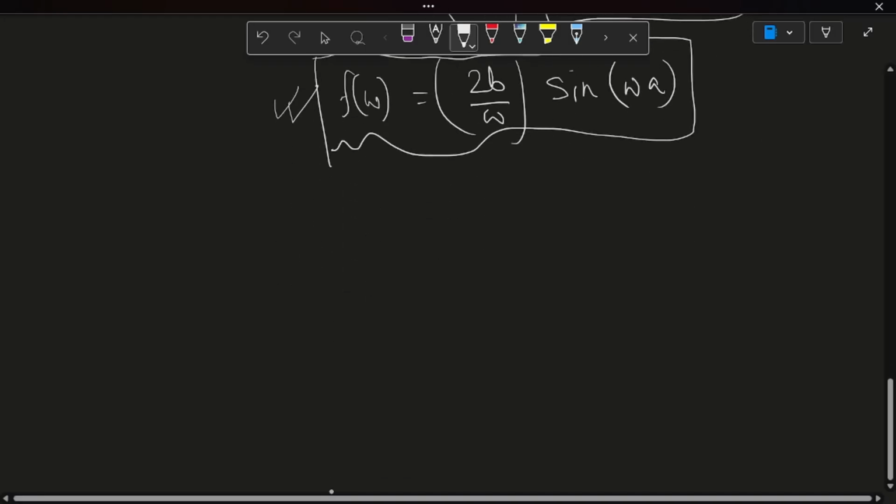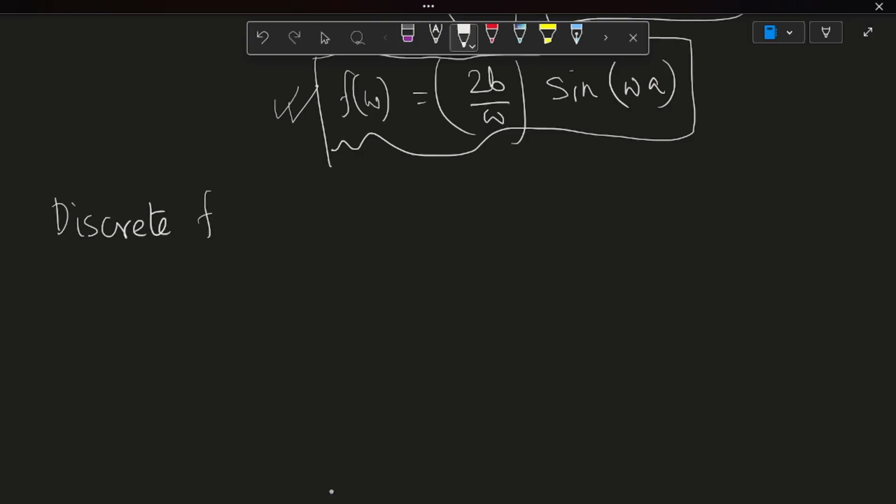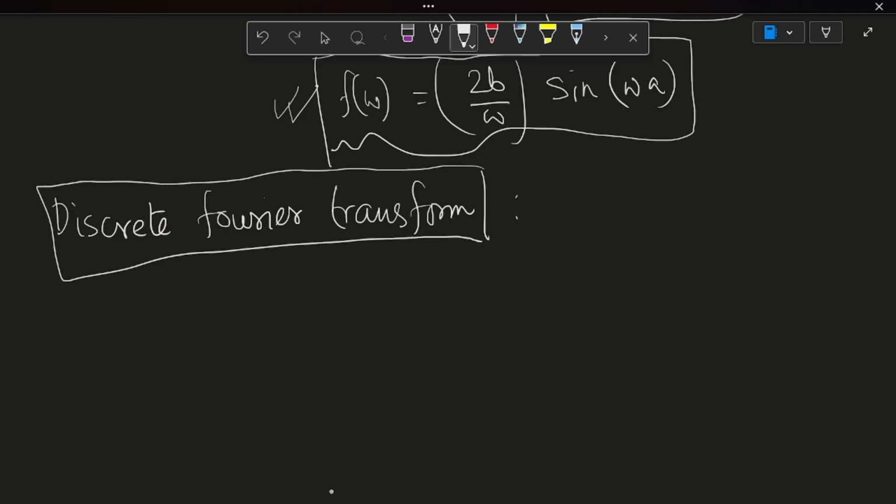So now we will replace, so let me write down discrete. Whenever you are working with DFT, we have to replace the integration by summation. When you want to compute the DFT, for example, we have our x data in time.